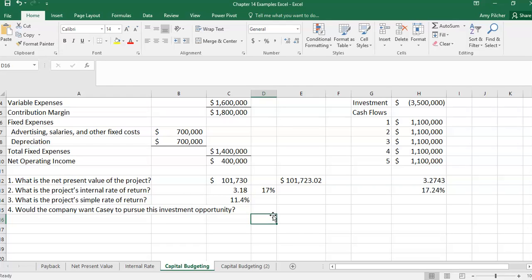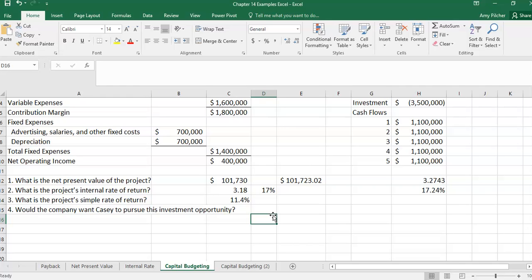The question then, do we want to take on this opportunity? The company would be in favor of taking on this opportunity. It has a positive net present value. The internal rate of return is higher than our required rate of return, and the simple rate of return, or the accounting rate of return, is good also.